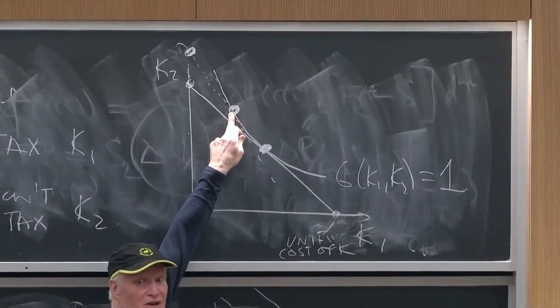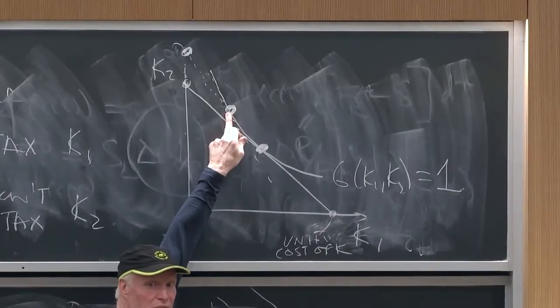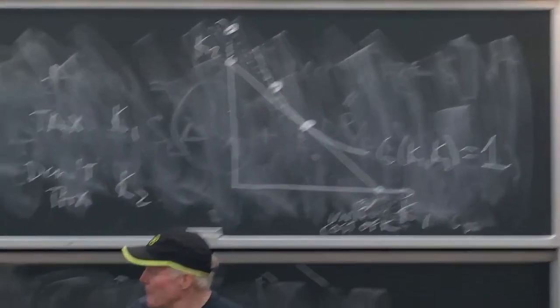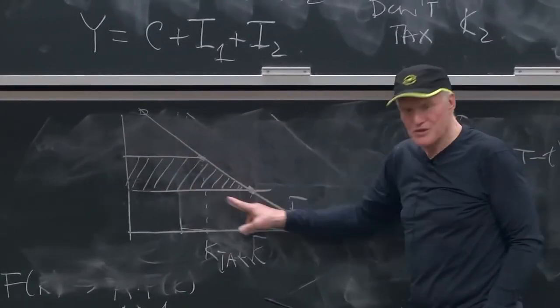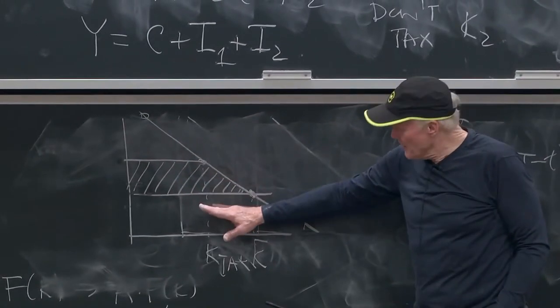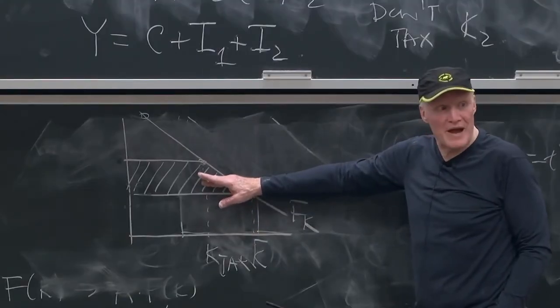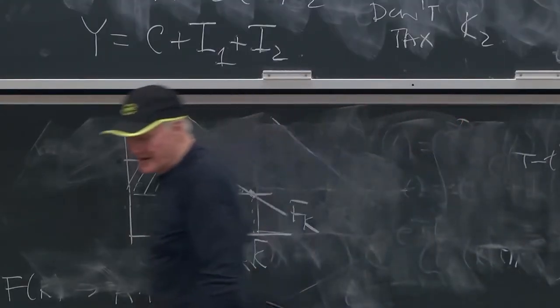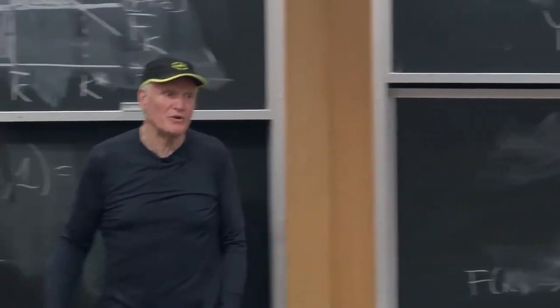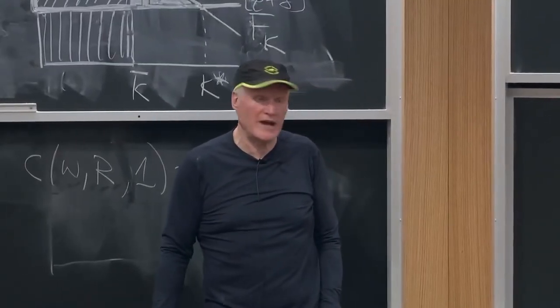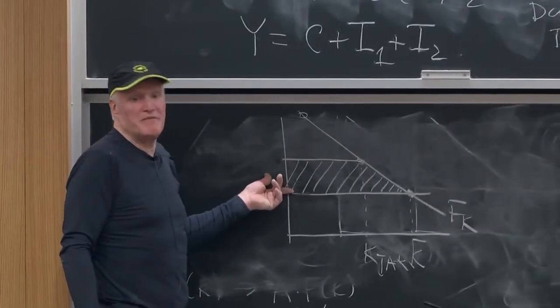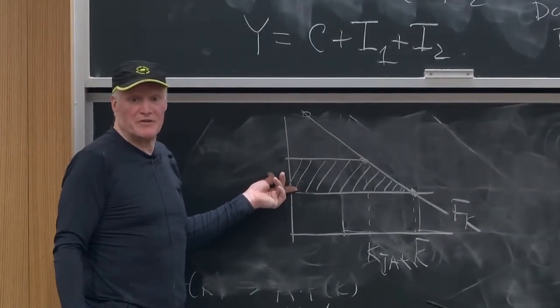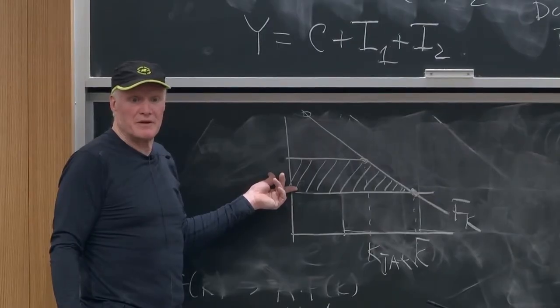That is, the real cost of capital is going to be higher than it used to be, which means not only are workers going to lose this rectangle like they normally would and lose this triangle like they normally would, there's going to be an additional loss. So having an untaxed sector is not going to be the savior for workers, given an amount of the overall tax being raised. It actually means that the loss to workers is going to be even bigger relative to the amount collected by the government, right?